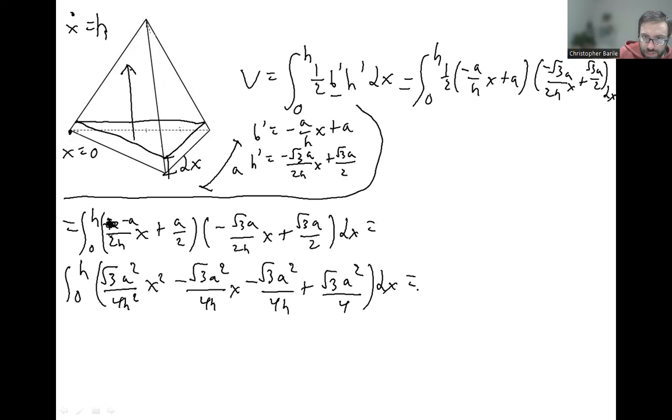Nice thing about this is that we have common terms here. So let's combine. We still have √3a squared over 4h squared x squared, but we have √3 over 4 minus √3 over 4, so that's going to be minus √3 over 2, a squared.